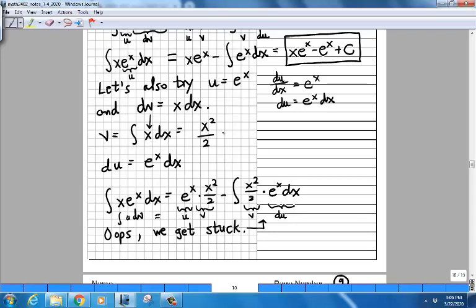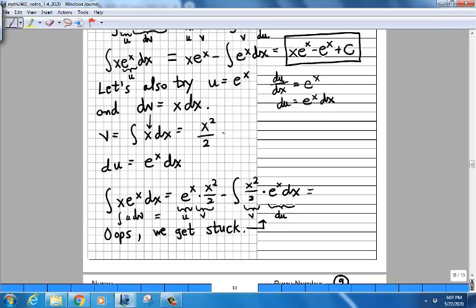But the problem here is we're going to get stuck, because to finish off the problem, we have to be able to integrate x squared times e to the x, and unfortunately, we don't know how to do that. So we really are stuck at this point.